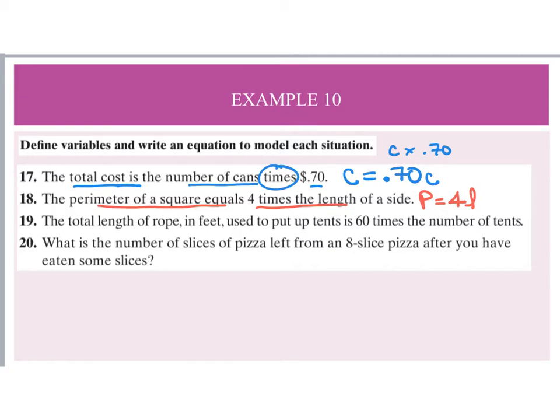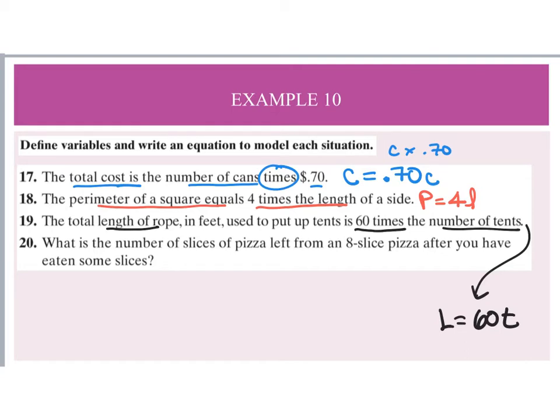For number 19, we have the total length of rope in feet used to put up tents. So length is 60 times the number of tents, and I'm going to call the number of tents T.